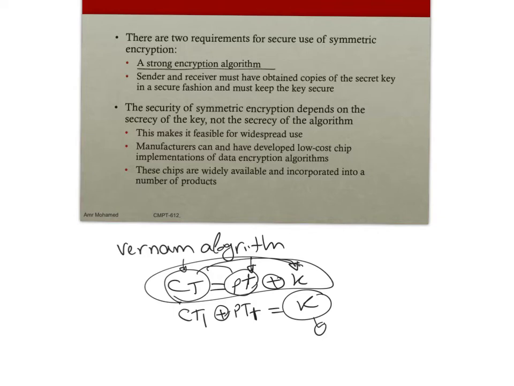So a strong algorithm here means that even if the attacker has ciphertext 1 and plain text 1, ciphertext 2, plain text 2, ciphertext 3, plain text 3, something like that, he or she will not be able to guess what the key is. And still, it's very hard, and in many cases, the attacker will resort to using brute force techniques to get the key.